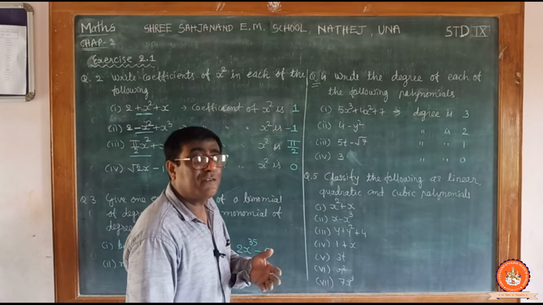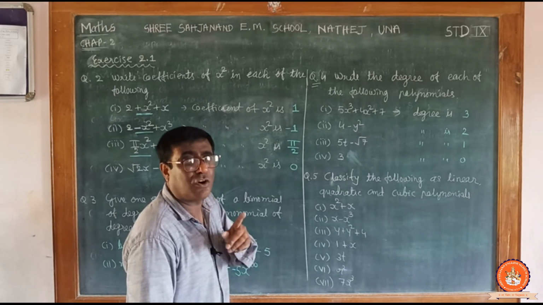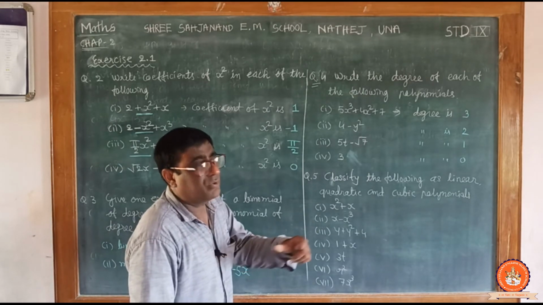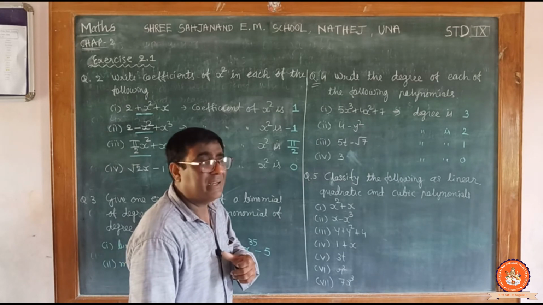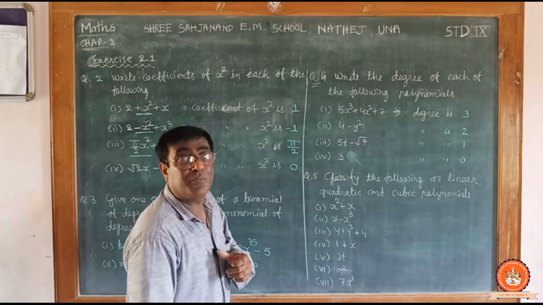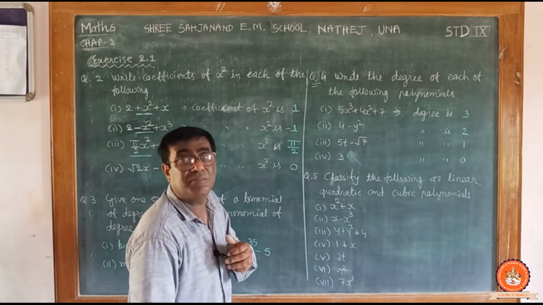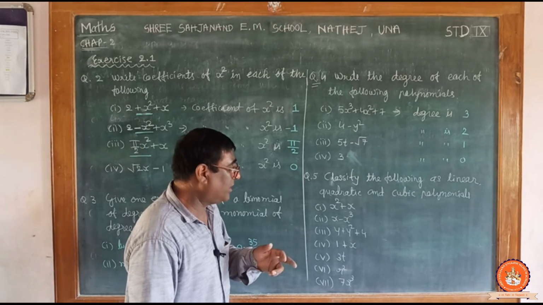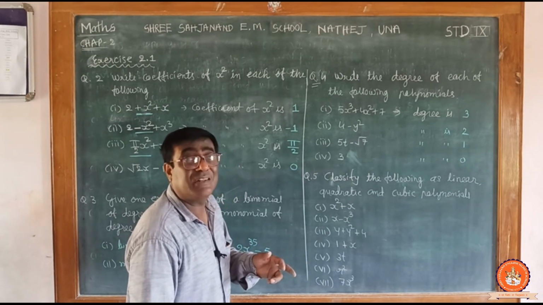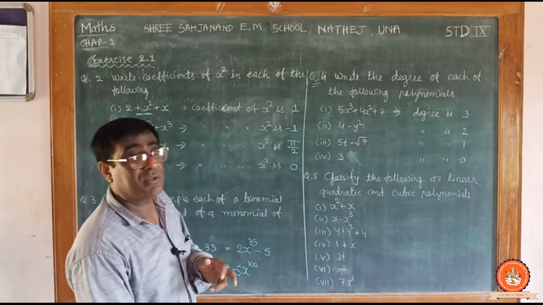If the degree of the polynomial, meaning the highest exponent of variables in each term, is 1, then the polynomial is linear. And a degree 2 polynomial is a quadratic polynomial, meaning the highest exponent of the variable must be 2, not more than that. Then a cubic polynomial means a degree 3 polynomial, where the highest exponent of the variable must be 3.